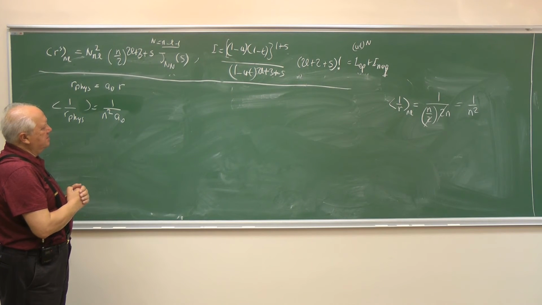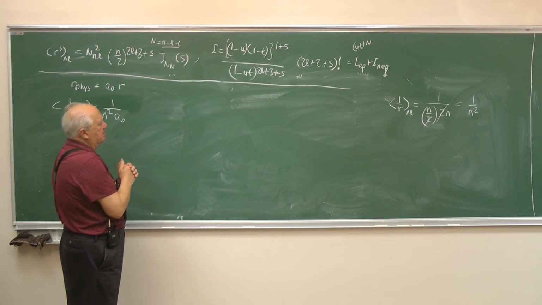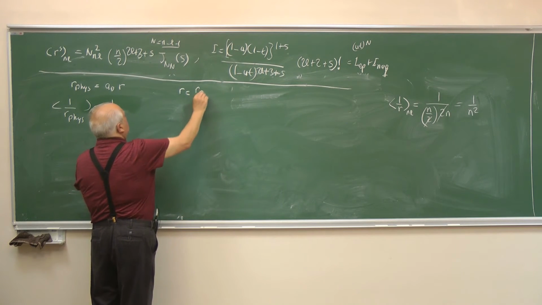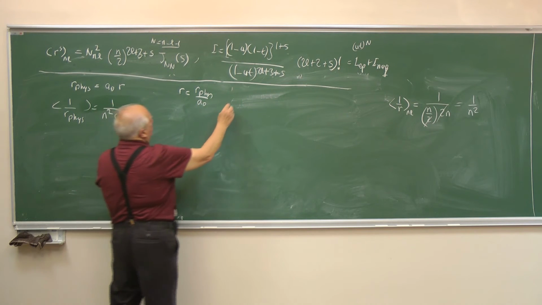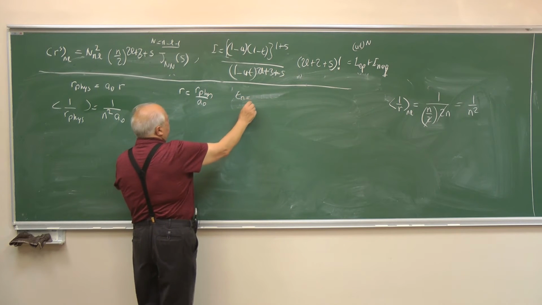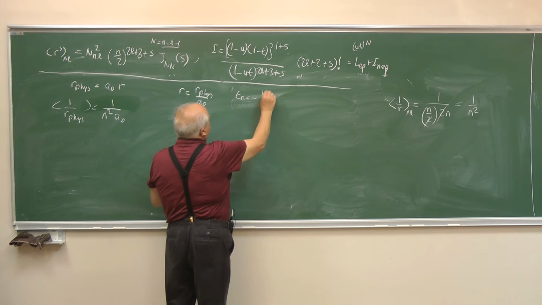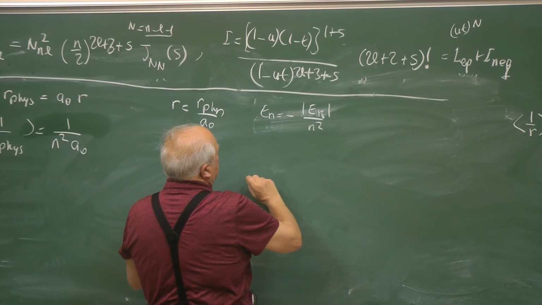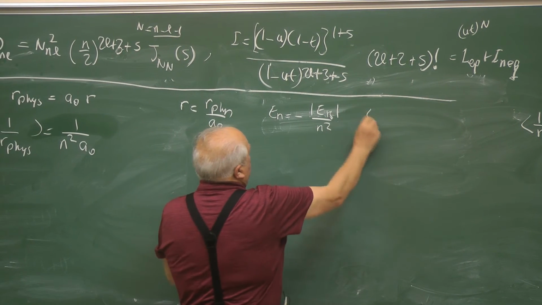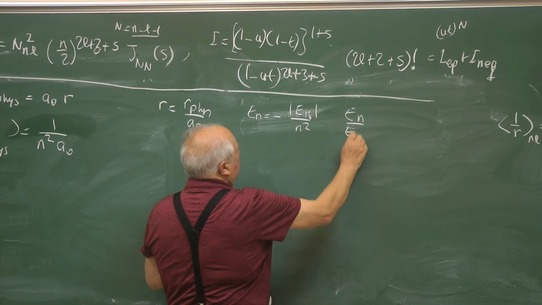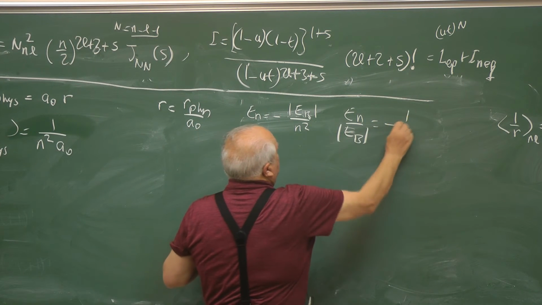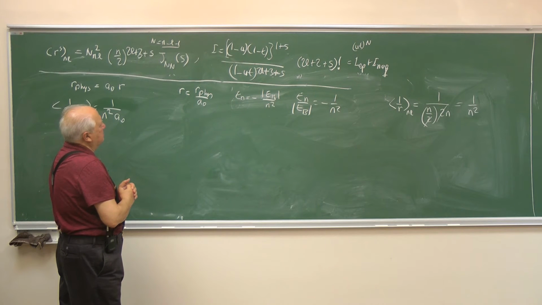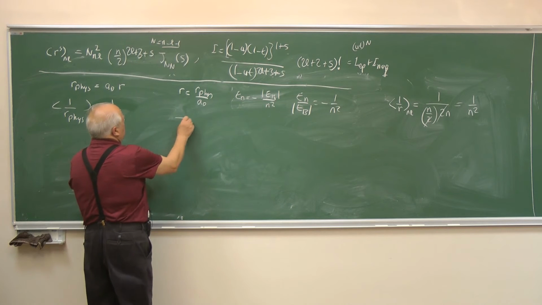All right. Another thing is when we made our equations dimensionless, namely we measured r in terms of a0, and we measured energy in units of the ground state binding energy, E_n over E_B. So when we did this in the time-independent Schrödinger equation, we obtained the equation like this.